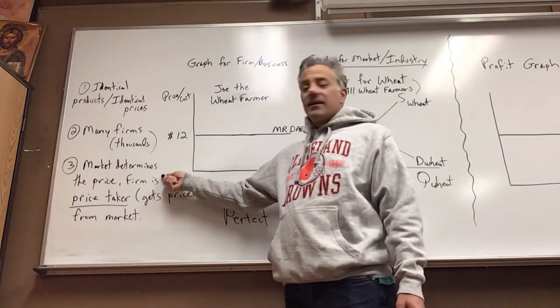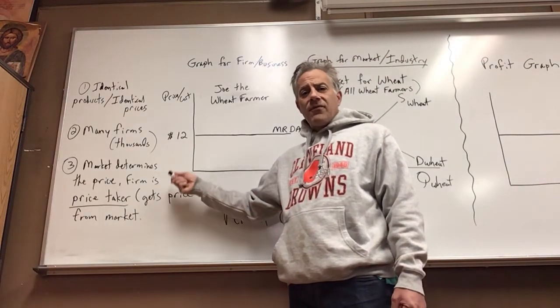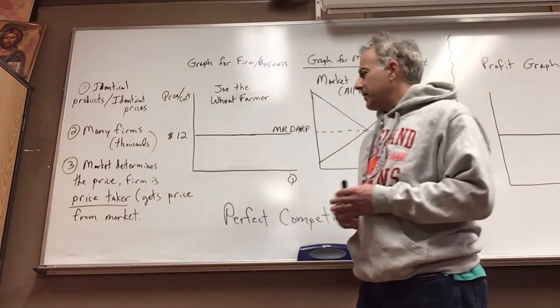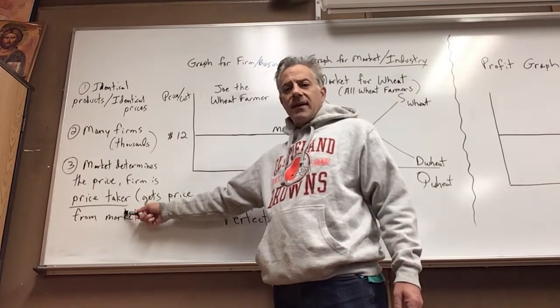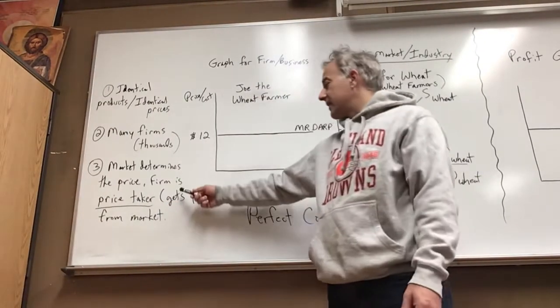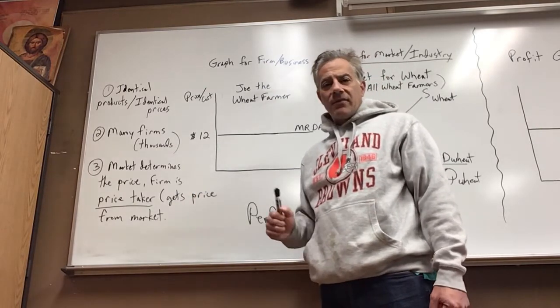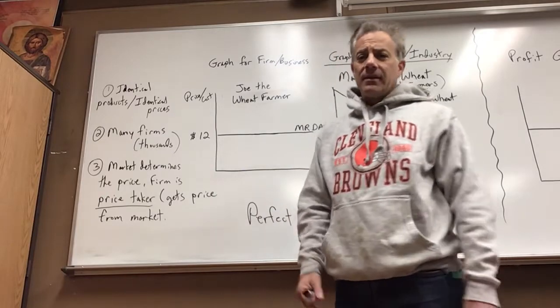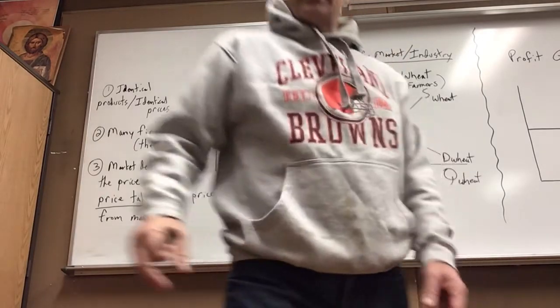And then the market determines the price. The firm accepts the price from the industry and sells things at that price. So we call the firm a price taker. Get that in there. The firm is considered a price taker, gets the price from the market. There are other characteristics about perfect competition that we'll talk about later, but we're just getting started.